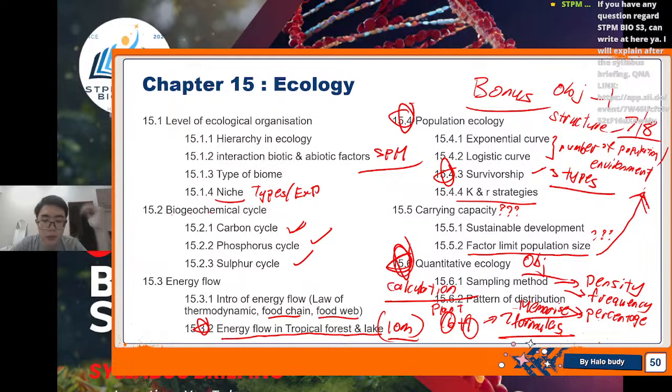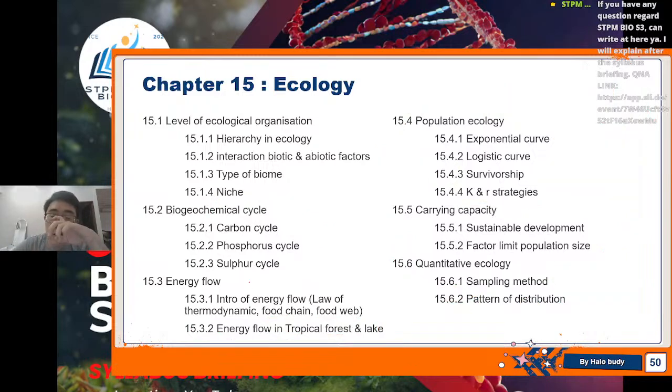This chapter is also a long chapter. There are a total of 6 topics you have to learn. Only these 3 subtopics are small topics that you already learned in SPM; the others are totally new to you.